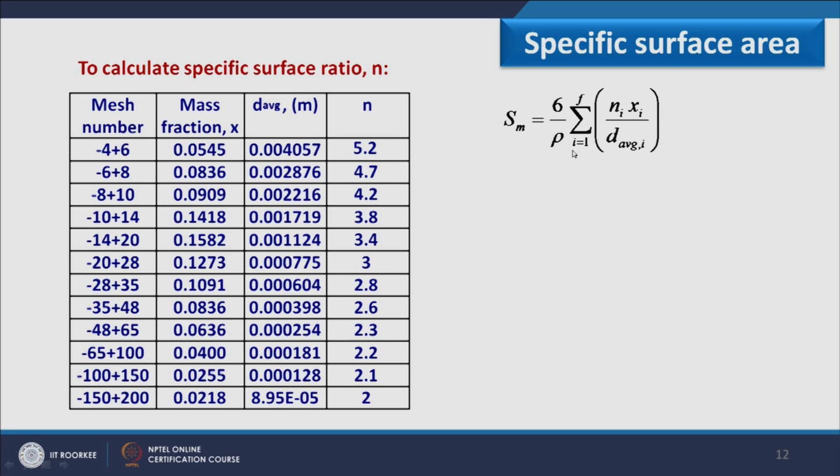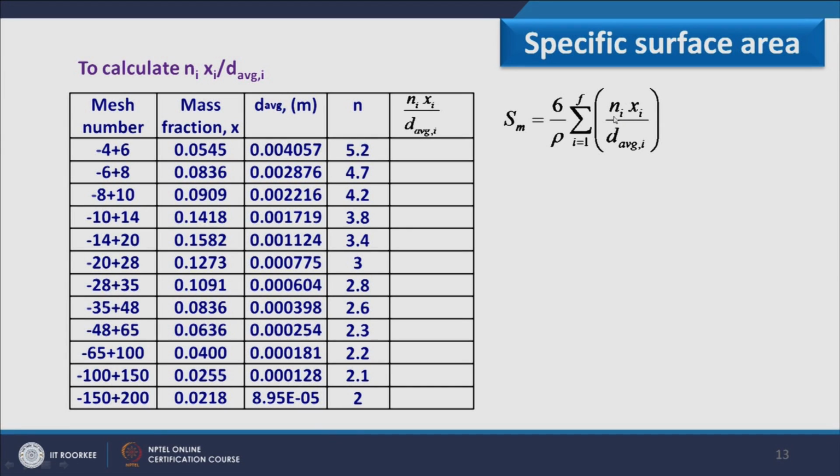Now, I have all values to calculate the specific surface area. We already know the value of rho, that is the density, because we have been given the specific gravity of the material. Therefore, in this expression we have to make the summation of n_i x_i over d average i for all fractions, where i varies from 1 to f.